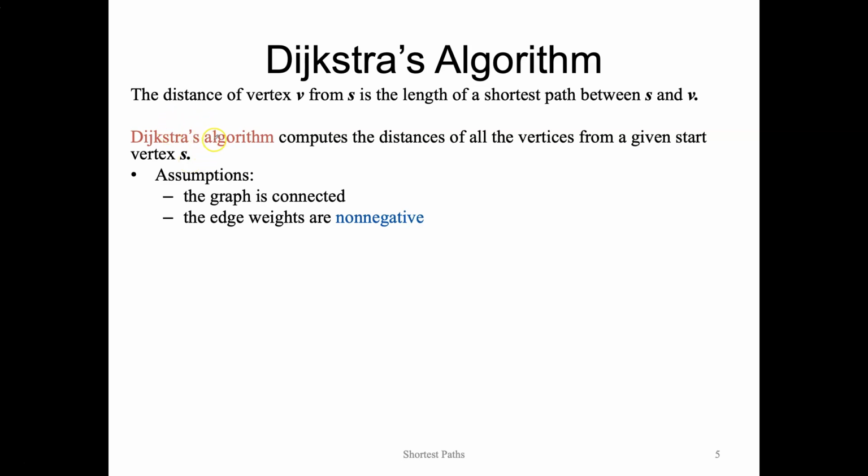Now, in order to apply Dijkstra's algorithm, we're going to assume already that the graph we're working with is connected, and that the edge weights are all non-negative. That means that they're greater than or equal to 0. So we won't be able to apply Dijkstra's algorithm if there are negative edge weights, and you'll see why in the next video.